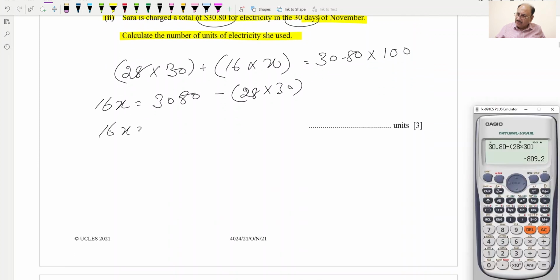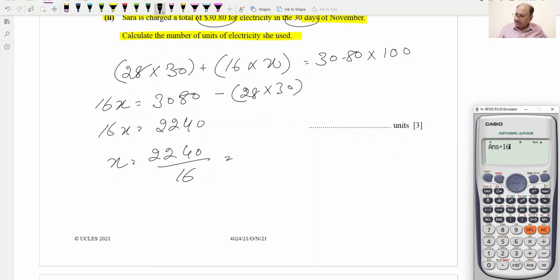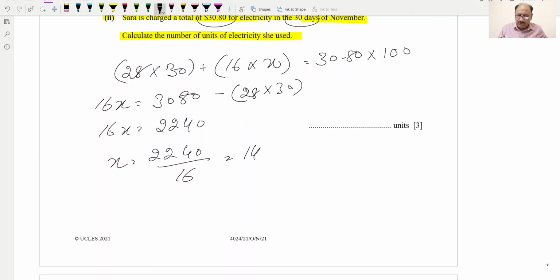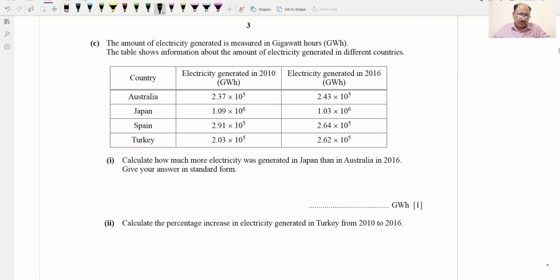Now our calculation changes from decimals because we have converted dollars into cents, so it will be 2240, and x will be equal to 2240 divided by 16, which results in 140. So 140 units is our answer for this 3 marks question. Hopefully you understood this. Now next, C part.